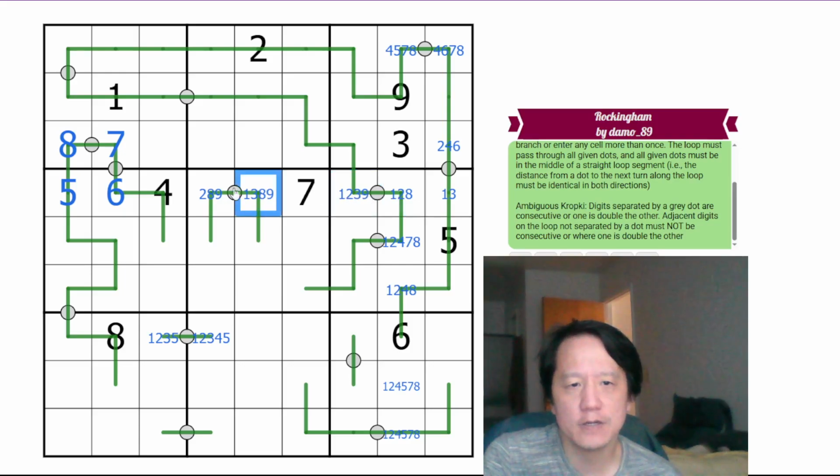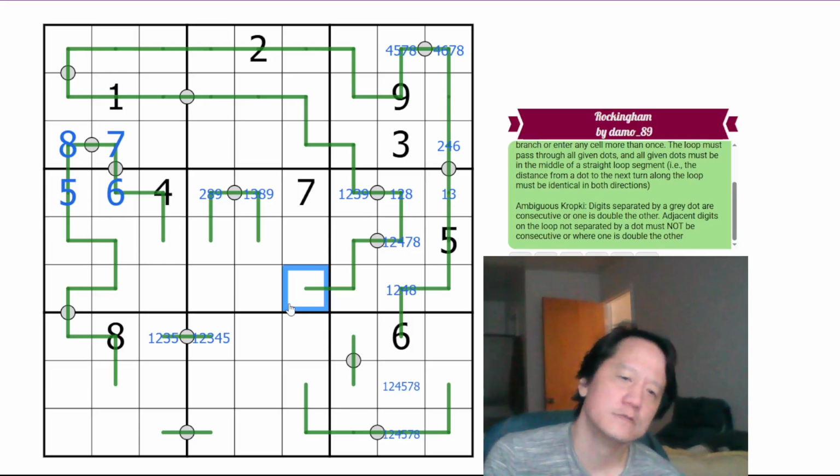We have 8 and 9, 8 and 9 as possibilities. That's going to work for everything.